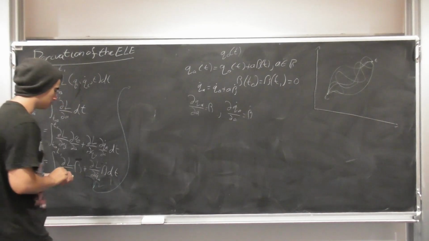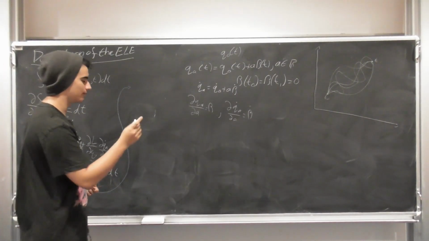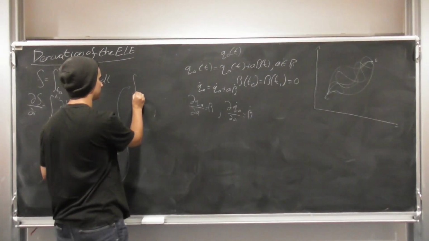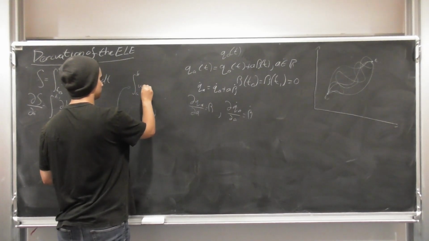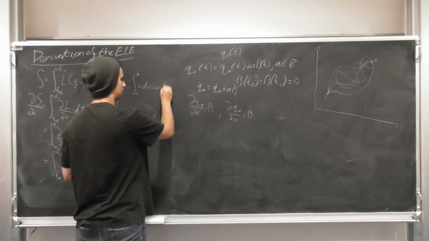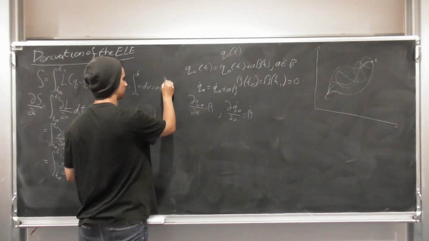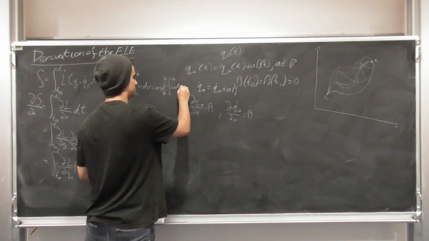If we remember the integration by parts rule, which is the integral from a to b of u dv is equal to uv evaluated at a and b minus the integral from a to b of v du.